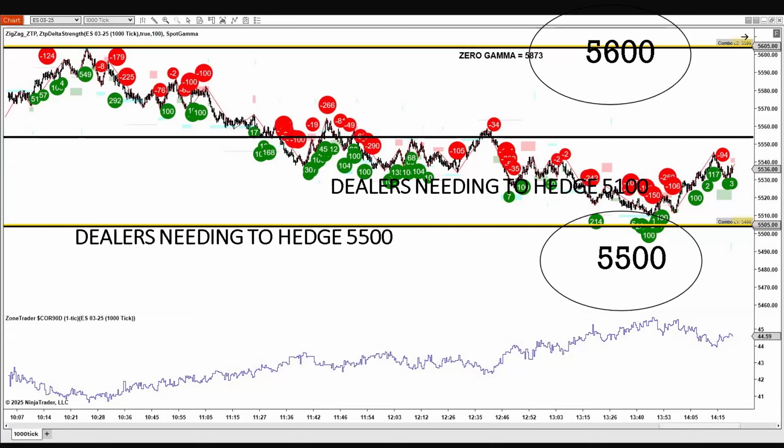The green and red dots are a proprietary ZoneTraderPro indicator called delta strength. With NinjaTrader order flow, if we filtered for trade size, it is only going to tell us the size of the fill, not the order. And that's super important. What is displayed as a filtered trade is useless because it is just the size of the fill.